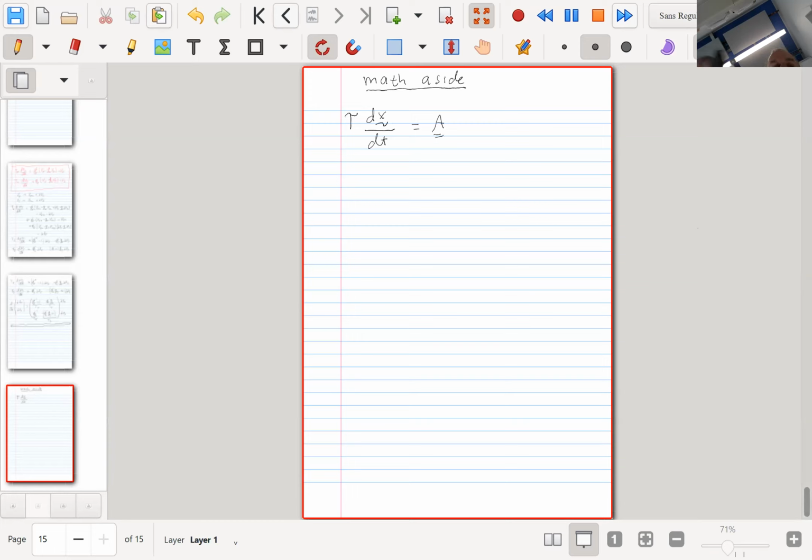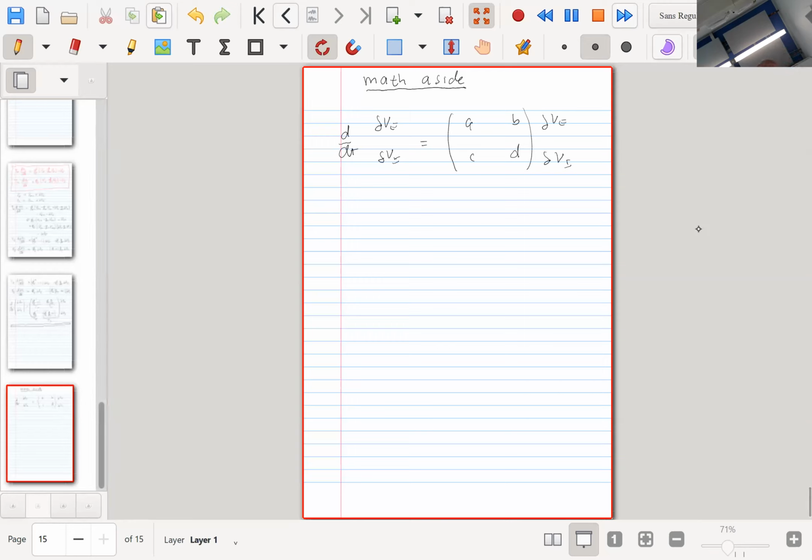I'll focus on 2D matrix. So we have d/dt of delta nu e, delta nu I. We have some coefficients a, b, c, d, delta nu e, delta nu I.